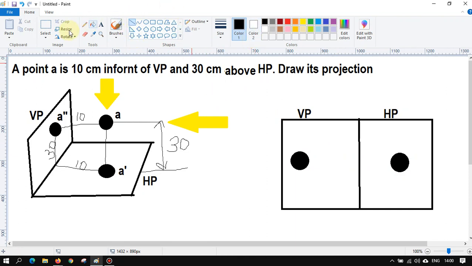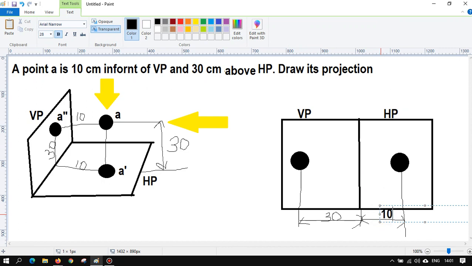So what I'll do is that I'll give the dimensions. From here to here it will be 30. From here to here it will be 10. Always remember, please put the unit, that will be 10 centimeter.